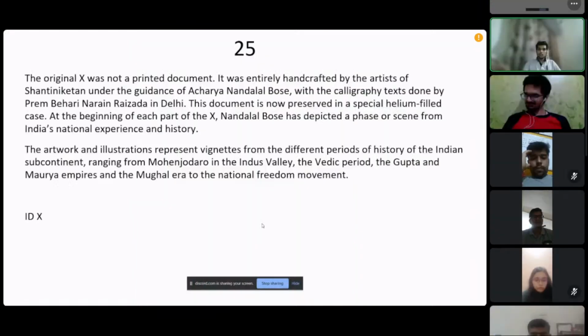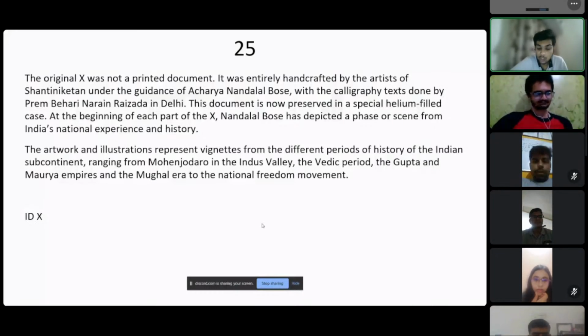So this is again anti-clockwise, direct to participant 8. The original X was not a printed document. It was entirely handcrafted by artists of Shantiniketan under the guidance of Acharya Nandalal Bose, with the calligraphy text done by Prem Bihari Narayan Raizada in Delhi. This document is now preserved in a special helium-filled case. At the beginning of each part of X, Nandalal Bose has depicted a scene from India's national experience and history.